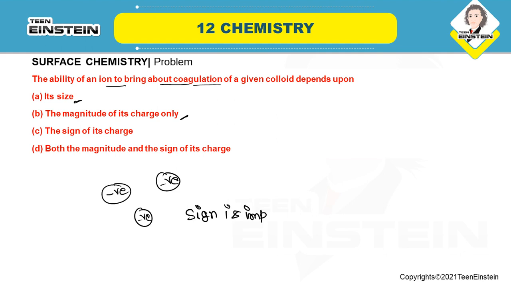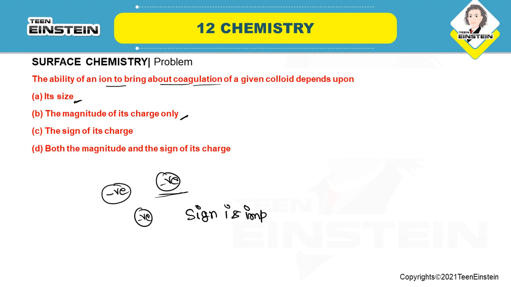If you do not know, how will you choose the coagulating agent? So once you know the nature, then you can choose it. So here sign is important because we require only oppositely charged coagulating agent. So is option C correct, that is sign of its charge?